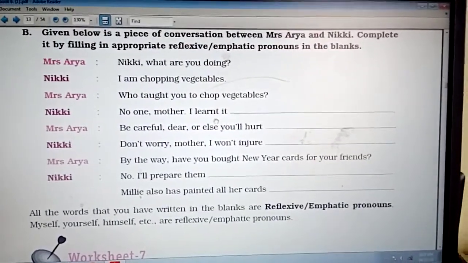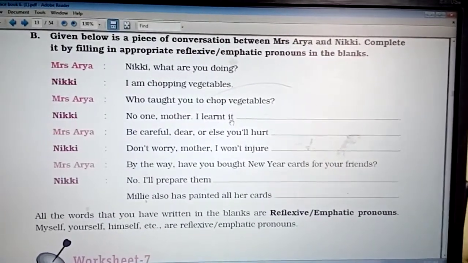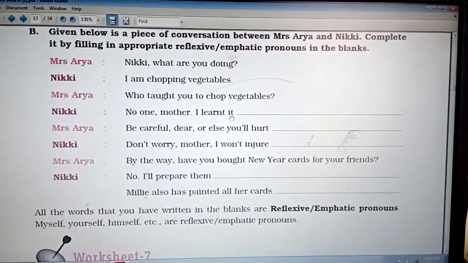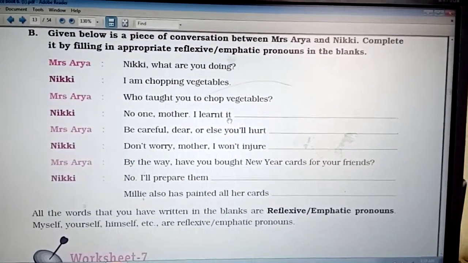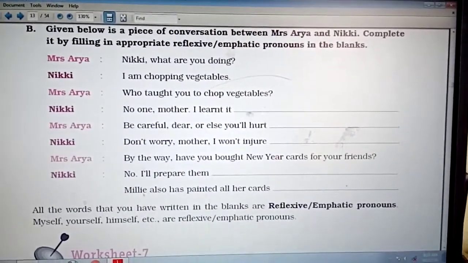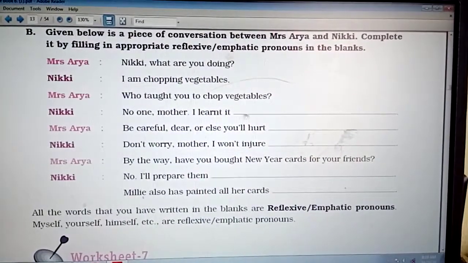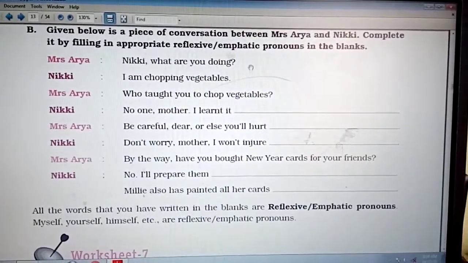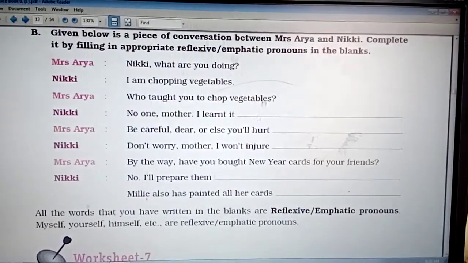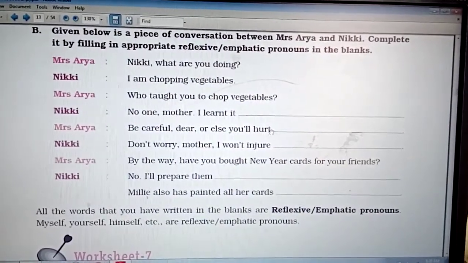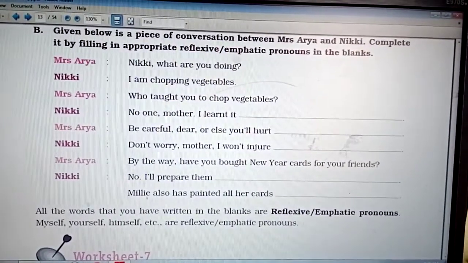Here, in example C, it is a pronoun, and after it is used myself. So myself here is an emphatic pronoun. You will hurt yourself.